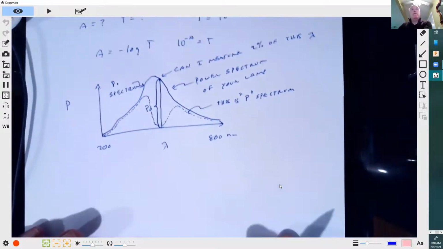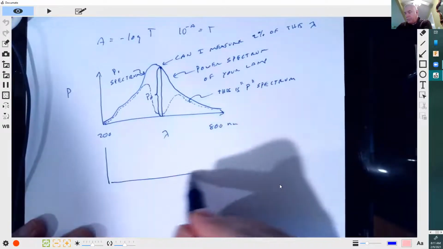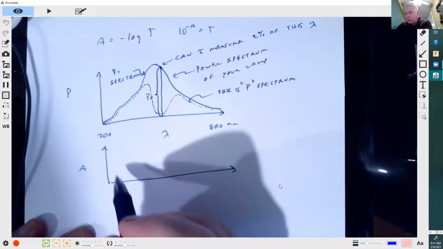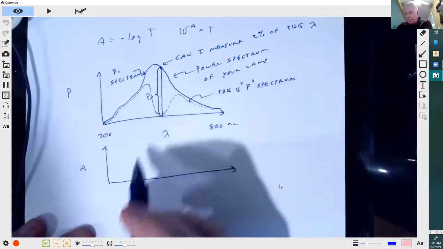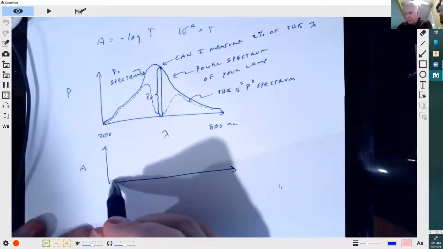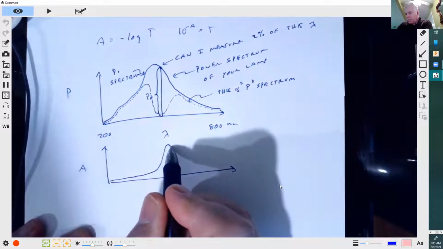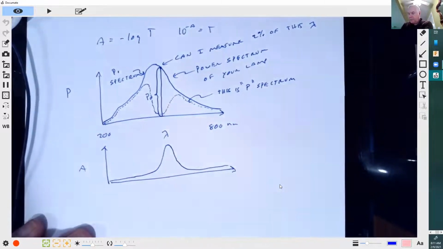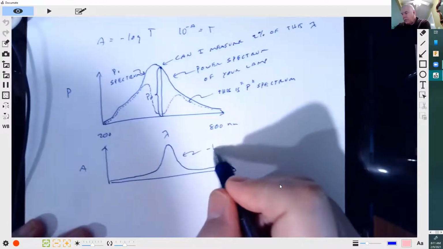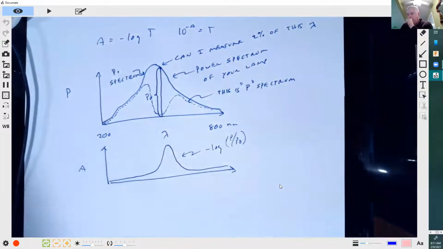Then we can make an absorbance spectrum here, which, when these are about the same, the absorbance will be 0. But here, this is the negative log of P over P0.